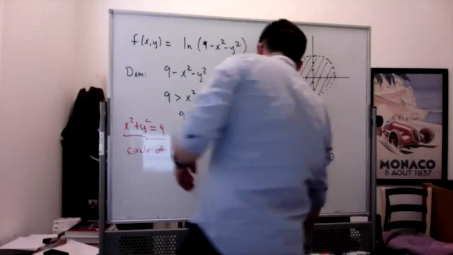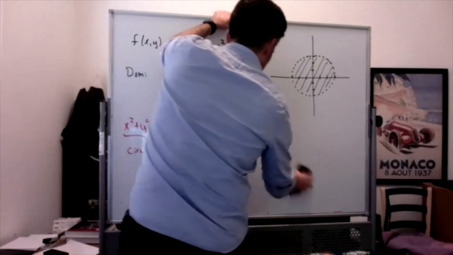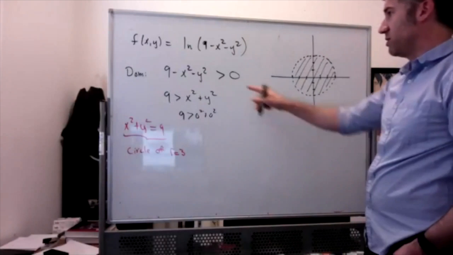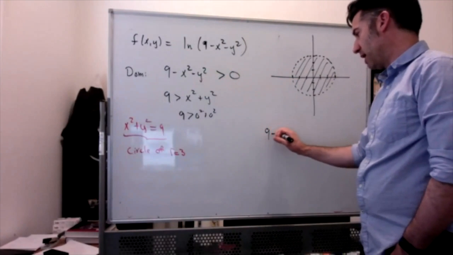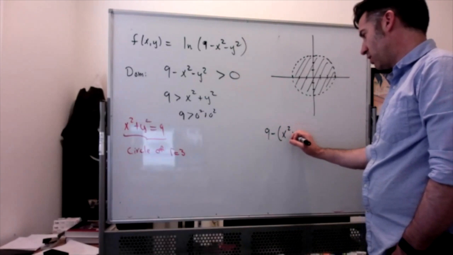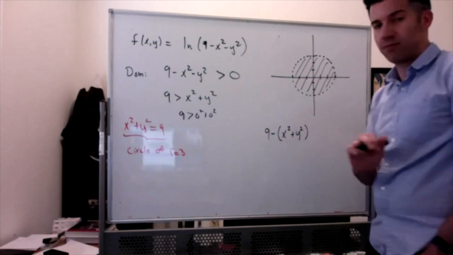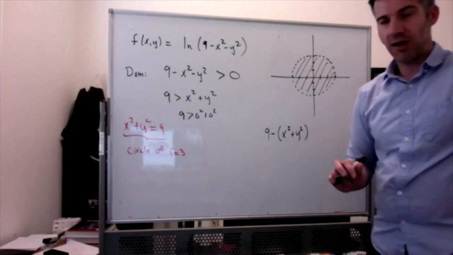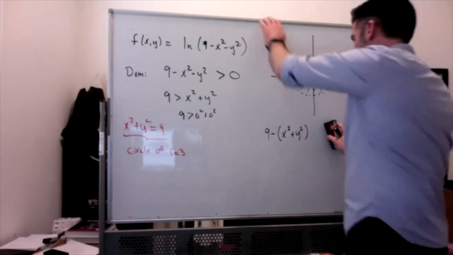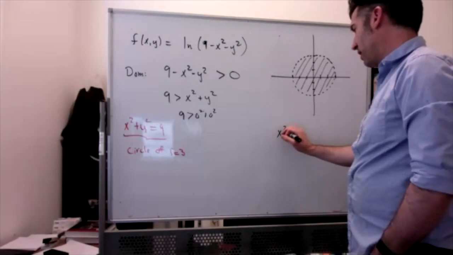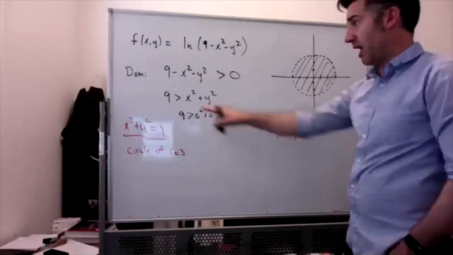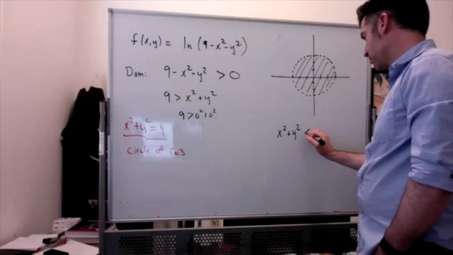In fact, let me actually rewrite this a little bit. I often find it helpful, instead of writing it as 9 minus x squared minus y squared, to write it as 9 minus the quantity x squared plus y squared. In fact, let me back up even further. I really find it helpful to start with this. I know that x squared plus y squared, I need it to be less than 9.